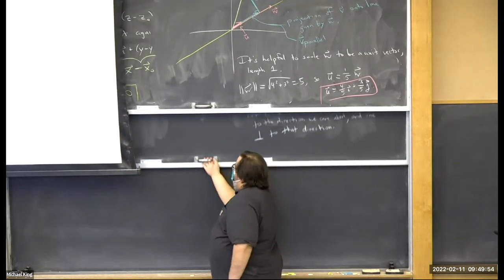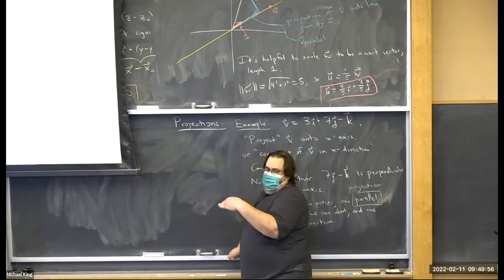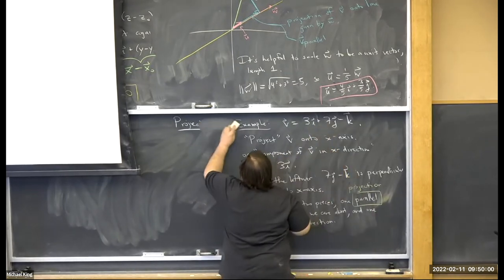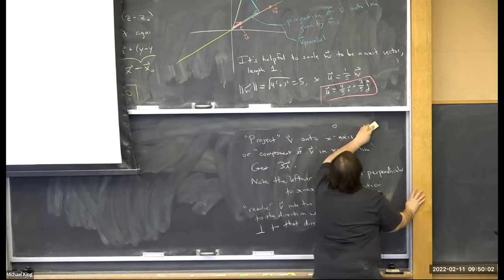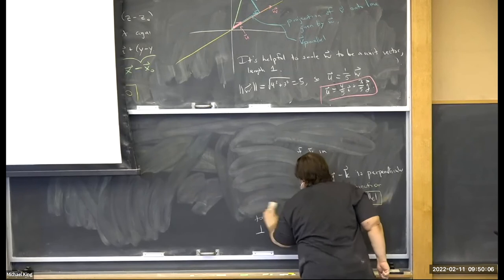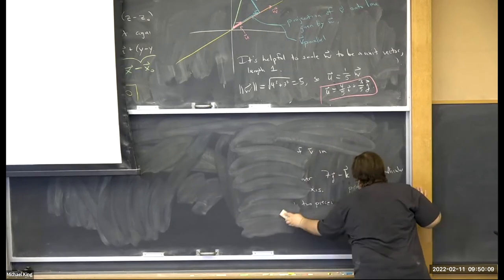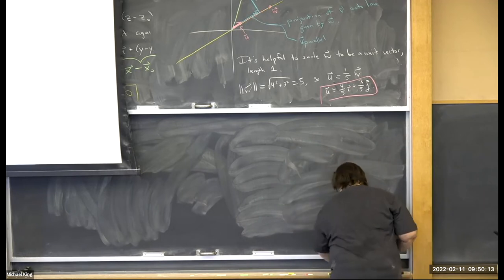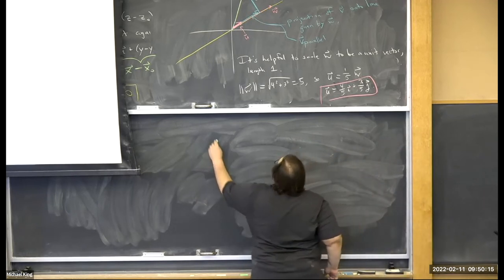So let me just tilt your head so that U is horizontal. We'll come back to the specific example, but let's try to do this in general. So let me redraw.